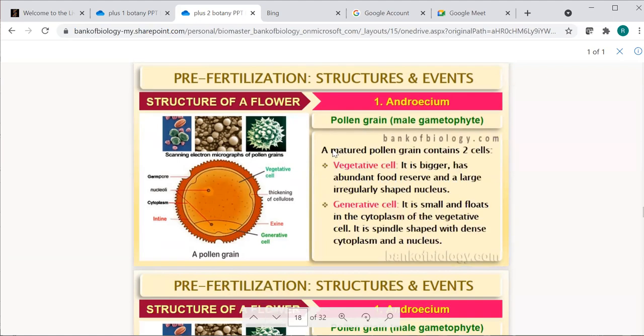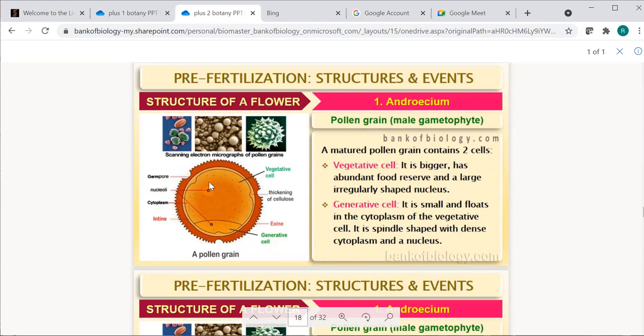A mature pollen grain has two cells. That is the vegetative cell, which is big, has abundant food reserve and has an irregular shaped nucleus. See, you can see the nucleus. And a generative cell, which helps in the next generation.